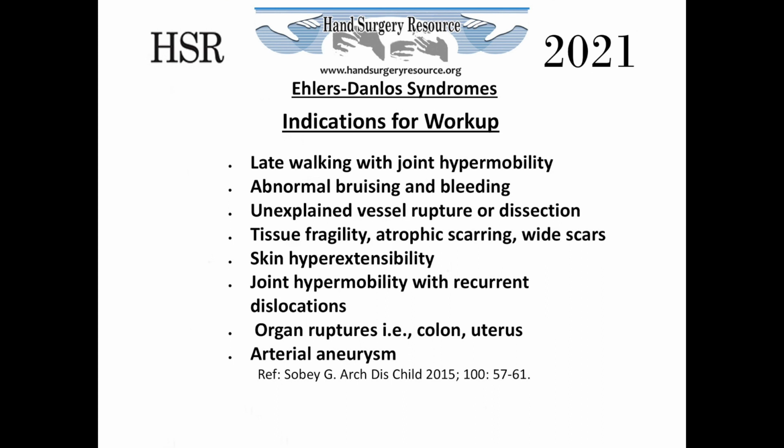Well, some of these are walking late with extreme joint hypermobility, abnormal bruising and bleeding, unexplained vessel rupture or dissection, skin hyperextensibility, skin fragility, joint hypermobility with recurrent dislocations or subluxation, hollow organ ruptures, or arterial aneurysms.